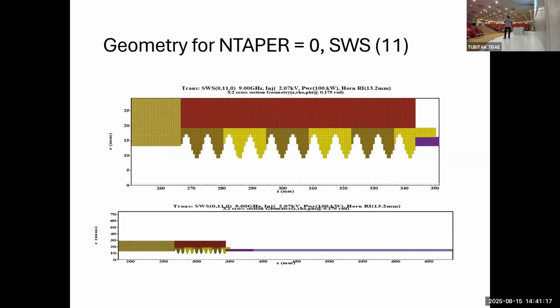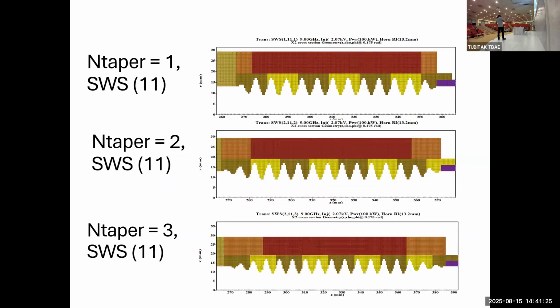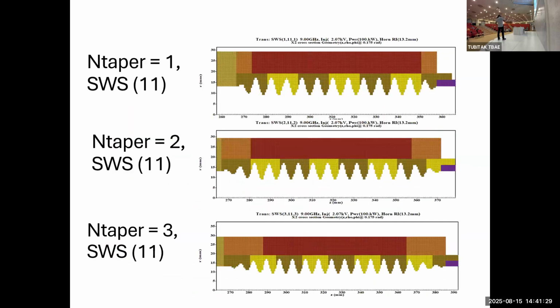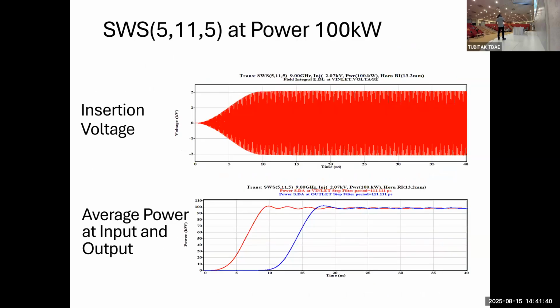We changed the geometry parameters that we can change, and in this study we are testing how many taper periods we need to add here in order to find the optimum non-reflection, no feedback, but at the same time still have good amplification.